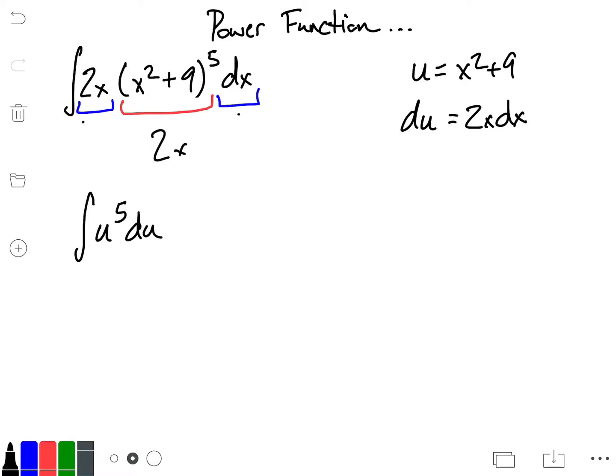So now our problem looks like the integral of u to the 5th power du. And this is as straightforward of an integral as you can get. So when we take the integral of u to the 5th power, we get u to the 6th power divided by 6 plus c.